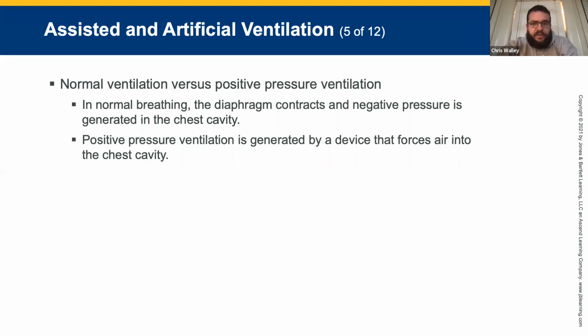In normal breathing, the diaphragm contracts and negative pressure is generated in the chest cavity, which we've talked about, and it sucks air into the chest. Positive pressure ventilation is generated by a device that forces air into the chest cavity. So I am forcefully compressing this air into the chest cavity, creating that positive pressure, trying to hopefully circulate air through the entire respiratory tract.